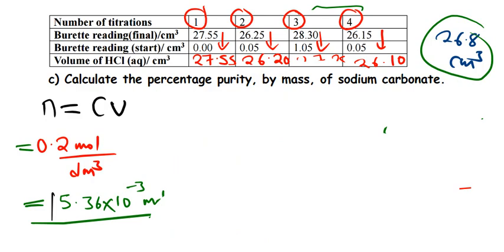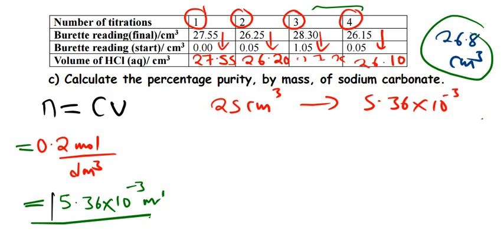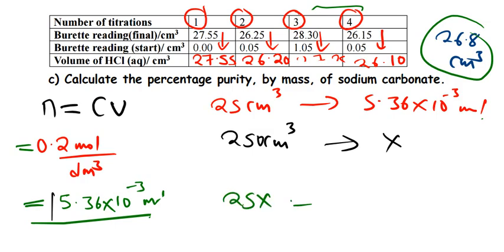So if in the 25 cubic centimeters we have 5.36 times 10 to the power negative 3 moles, how many moles do we have in the original 250? We're just using these portions to help us perform the calculations easily. So we can cross multiply: 25x is equal to 250 multiplied by 5.36 times 10 to the power negative 3.